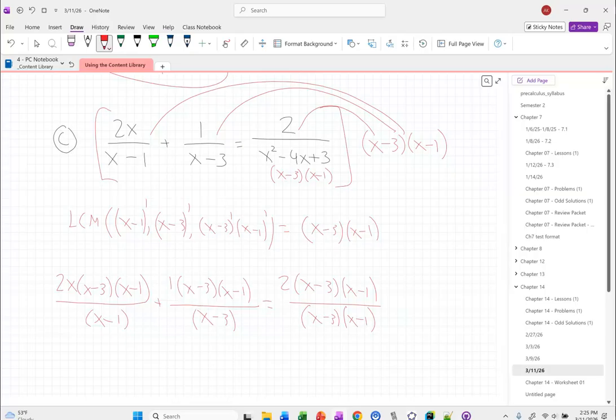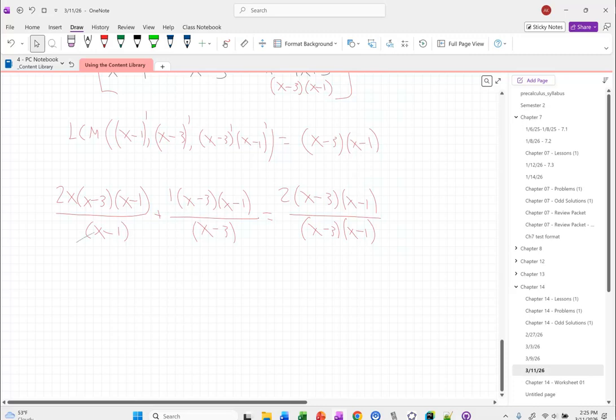If I look at this first fraction, what do you notice?